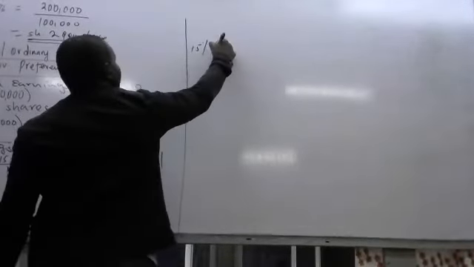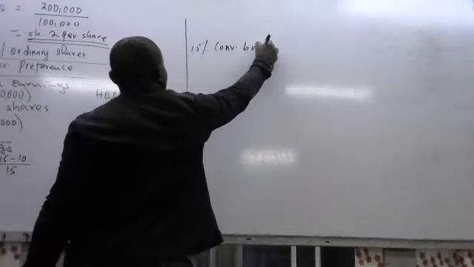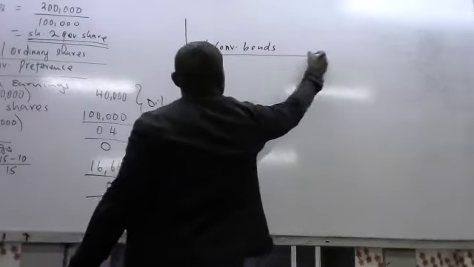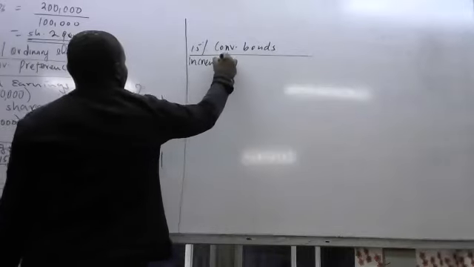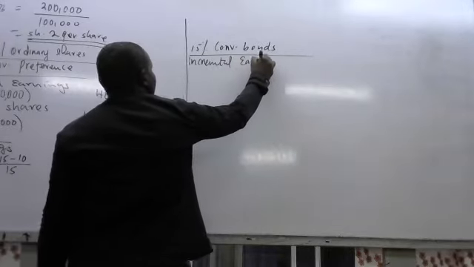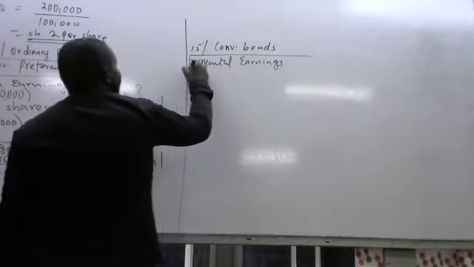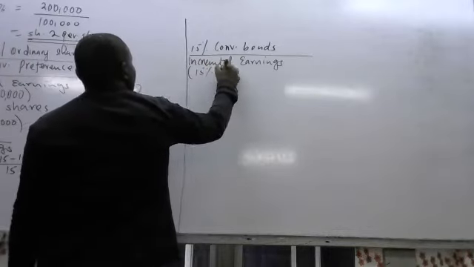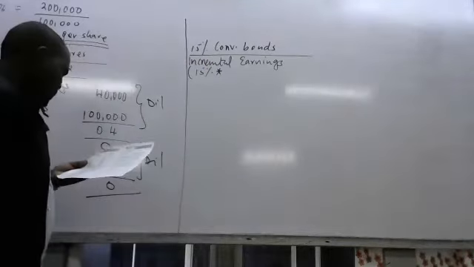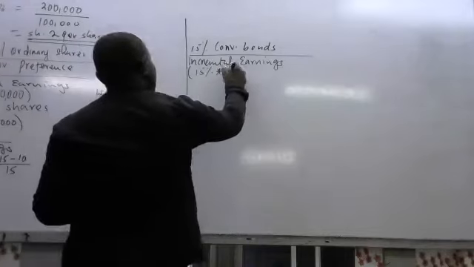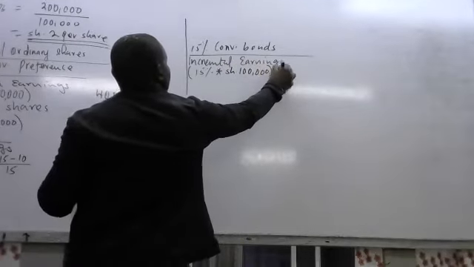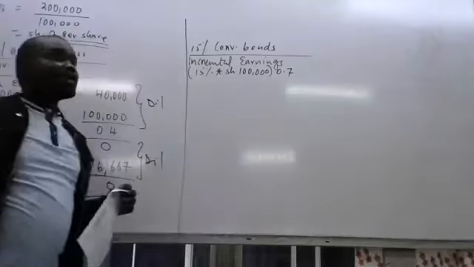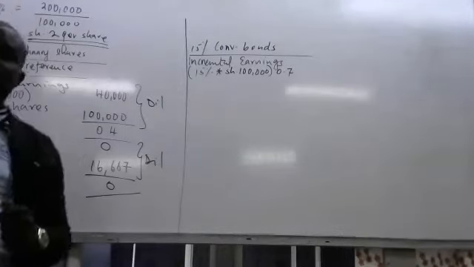So 15% convertible bonds, incremental earnings. You take 15% times shillings 100 million. Just remember to multiply by 0.7 for tax.